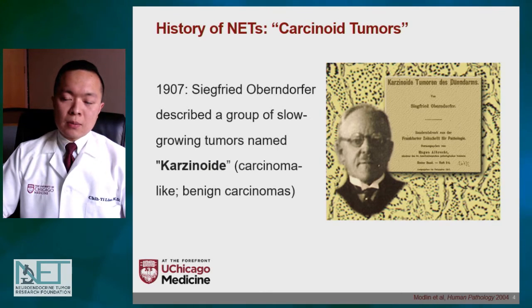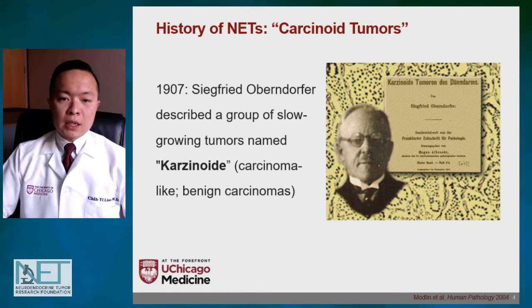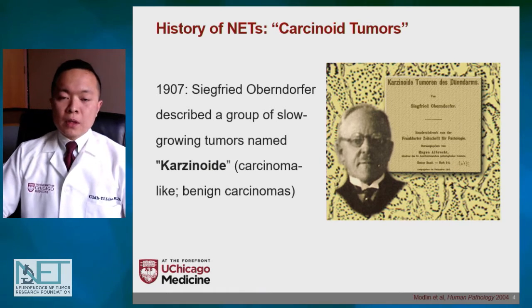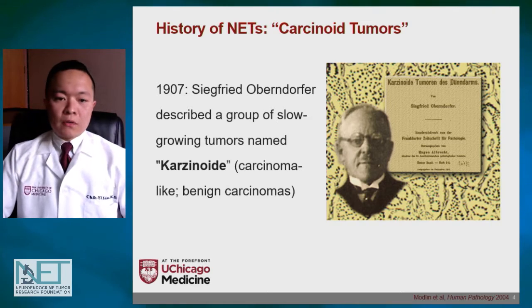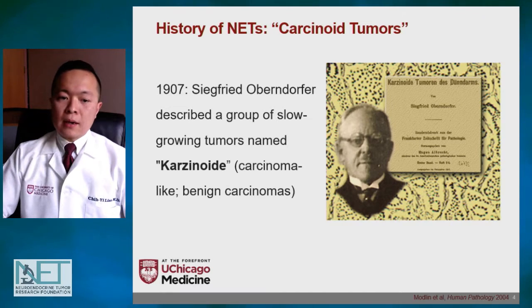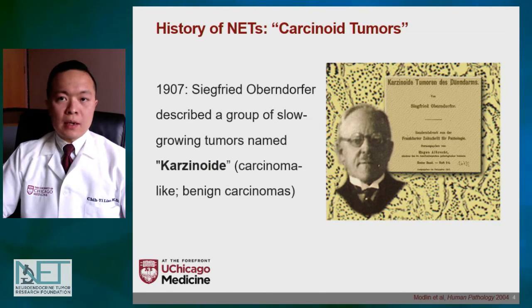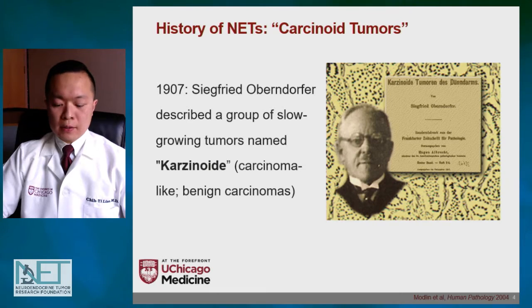This term was coined in 1907 by the German pathologist Siegfried Oberndorfer, who observed a group of slow-growing tumors that are carcinoma-like, meaning cancer-like, but he thought they were benign cancers, and so he named them carcinoid. We now know that's not entirely true, and that in fact most neuroendocrine tumors are cancers that can grow and spread to other organs.